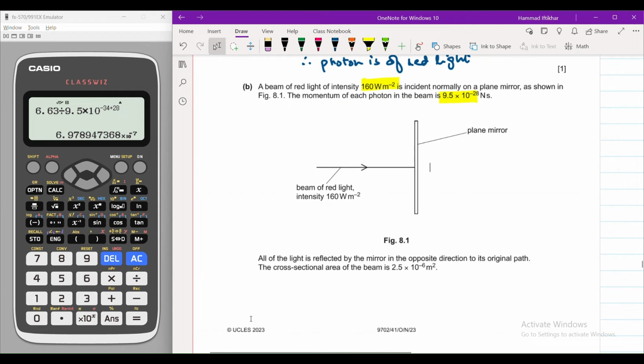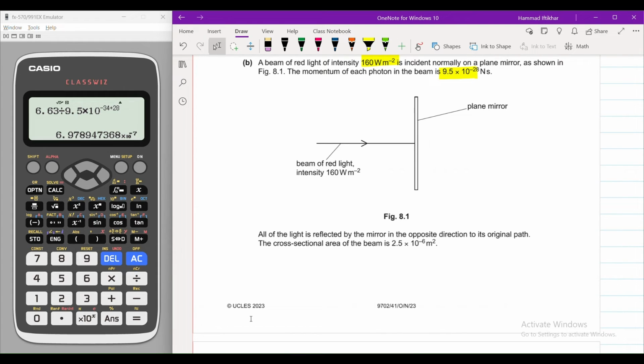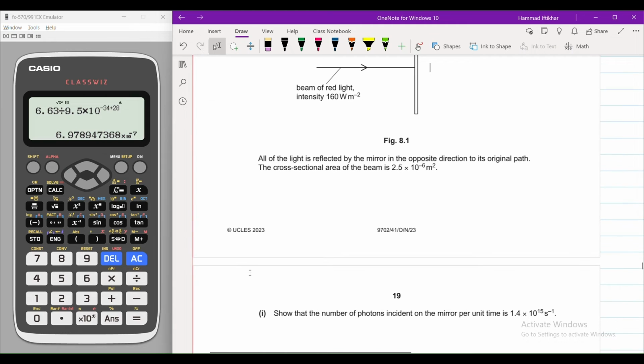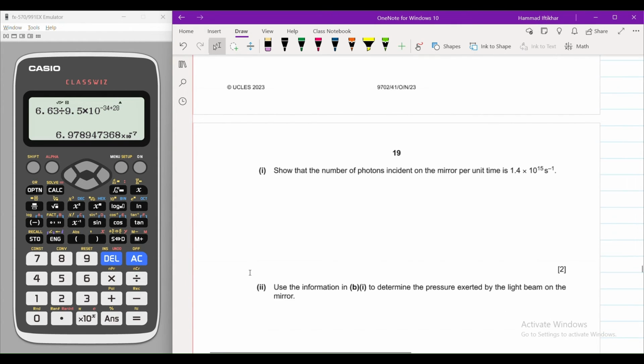All of the light is reflected by the mirror in the opposite direction to its original path. The cross-sectional area of the beam is 2.5 times 10 to the power minus 6 meters squared. Show that the number of photons incident on the mirror per unit time is this.